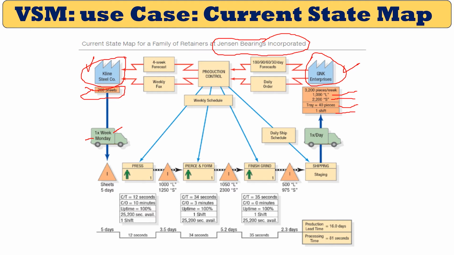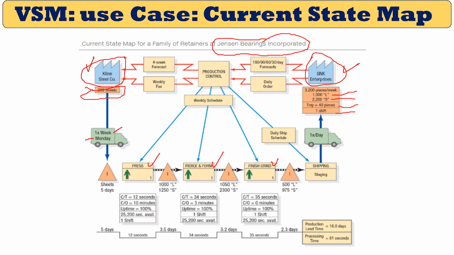The next thing that we can see here is the company process. Jensen's process has 3 steps. Pressing is the first step, then it goes to the piercing and form step, the second step, and the third step is finish grind.